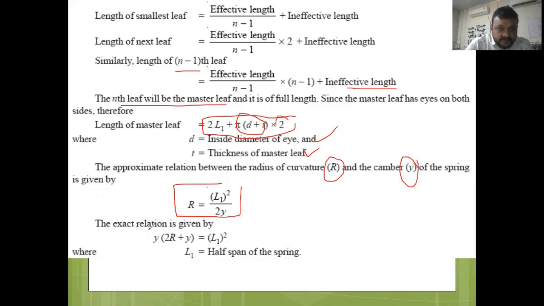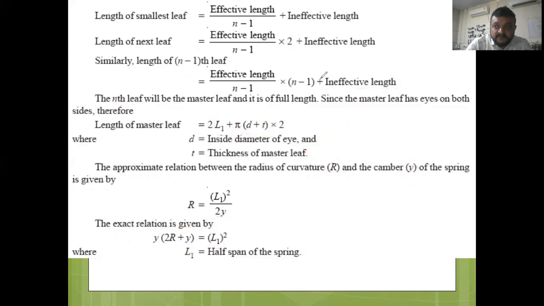Extracting this equation will give 2r plus y is equal to L1 square. Exact equation is this one, and L1 is the half span, twice L1 is the full span. So that is the exact relation between these two. You can use this equation in finding the different lengths in the example.